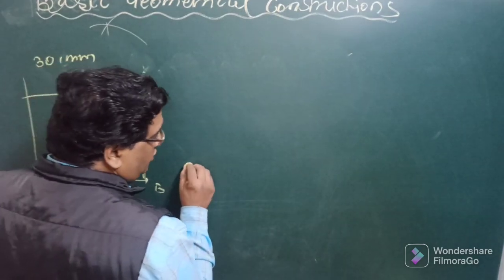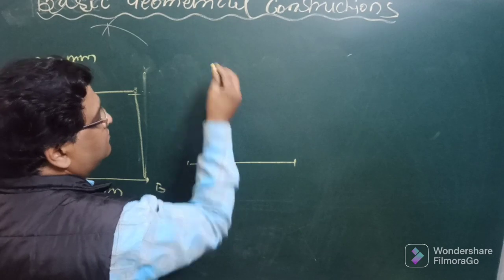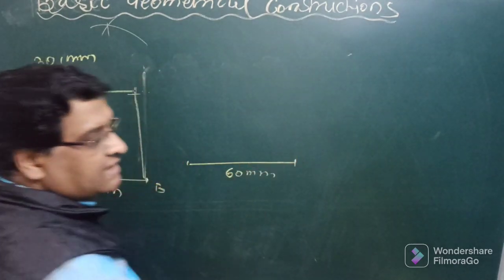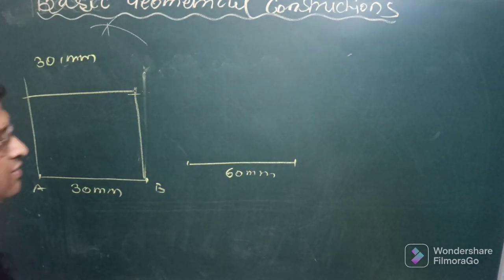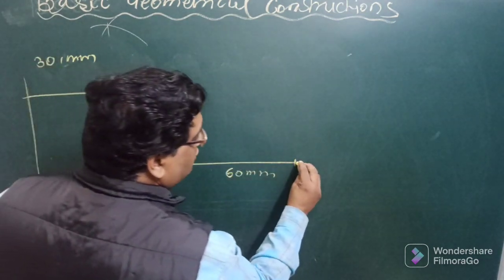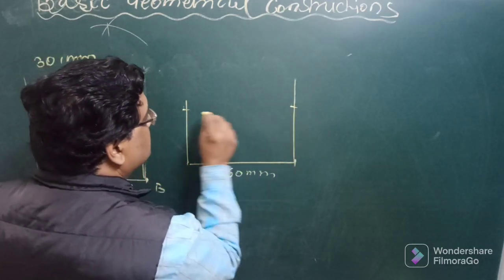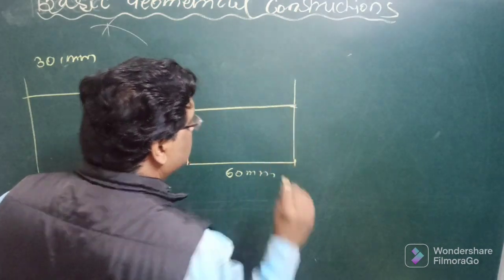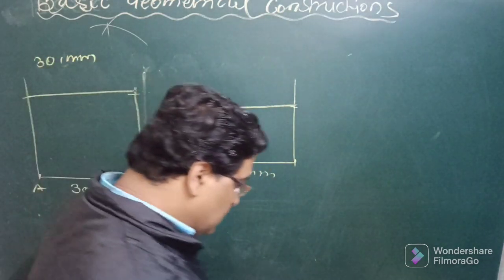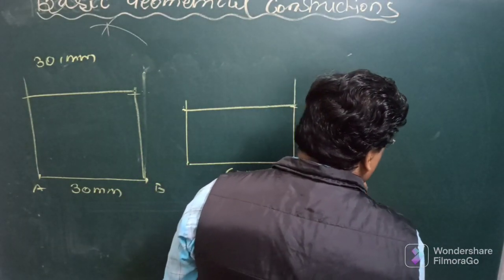Similarly, a rectangle can be drawn. Say the rectangle's dimensions are 60 and 40. This line is 60, say for example, and the vertical side is 40 mm. So what you need to do is draw the perpendicular lines and cut 40 mm on both sides so as to get the rectangle. Similarly, to draw the parallelogram, you need to have the bigger line.